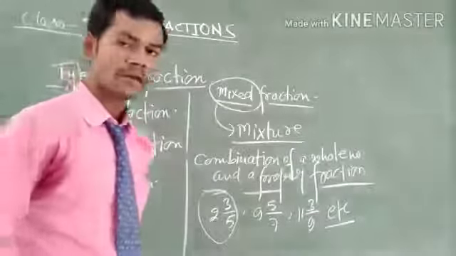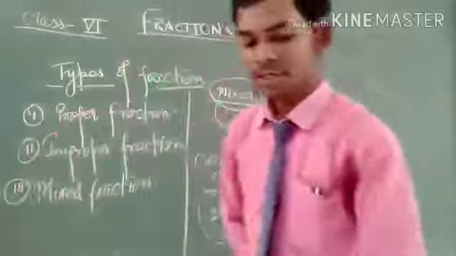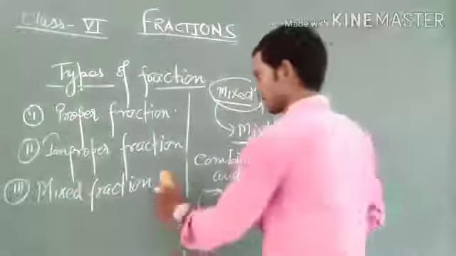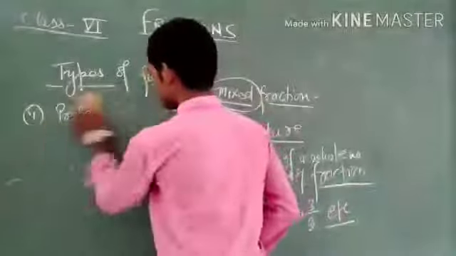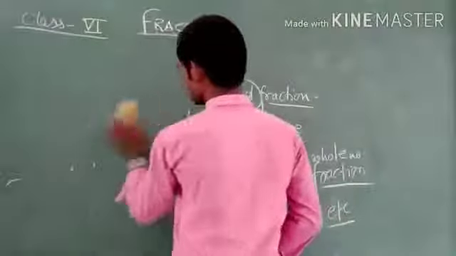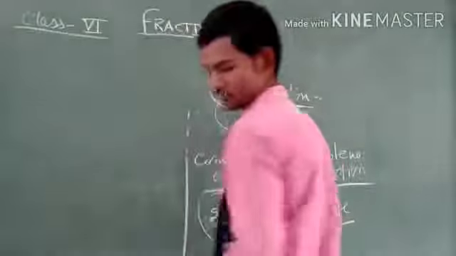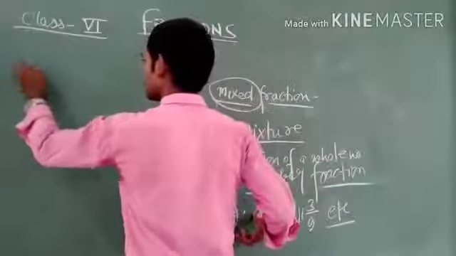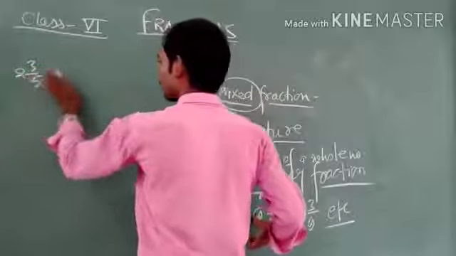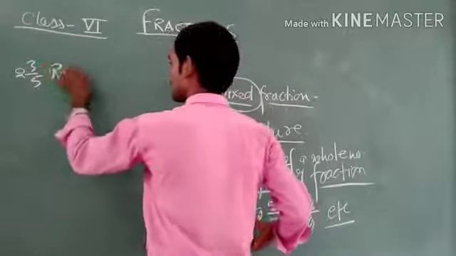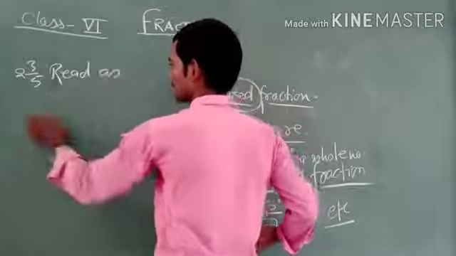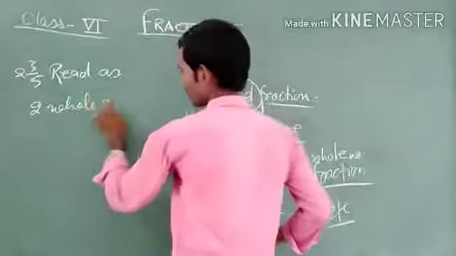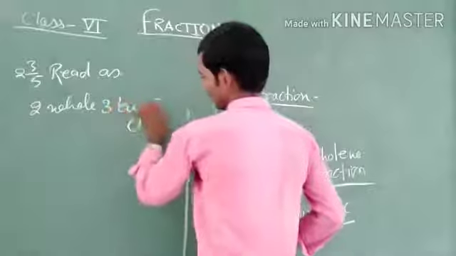Okay, and how do we read this? This is also an issue here. How do we read the mixed fraction? Let's see. Here we read the mixed fraction as 2 whole 3 upon 5, or we read it as 2 whole 3 by 5.